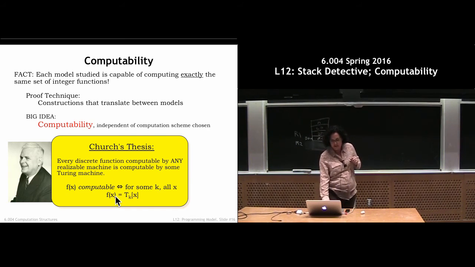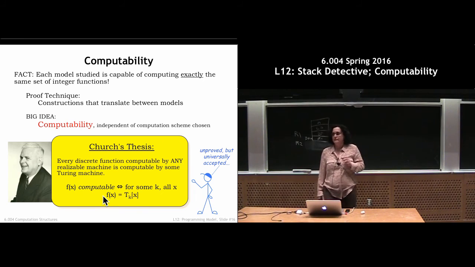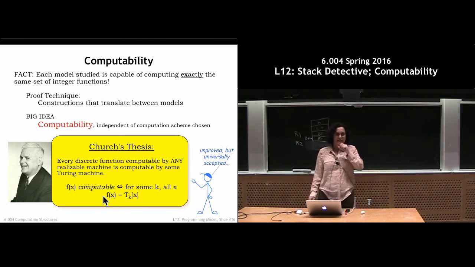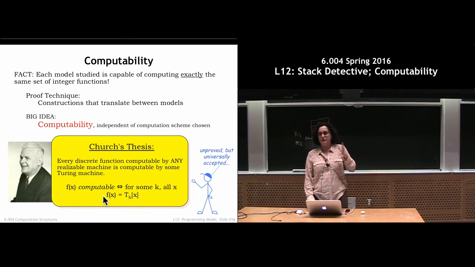Okay? So specifically, if we look over here, what this says is that if you have a function f of x which is computable, then there exists some Turing machine k, which given the input x will produce the output f of x. Okay? Now, this theorem has actually never been proven, but it is universally accepted to be correct.